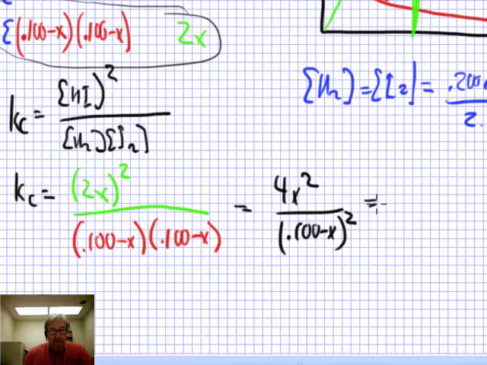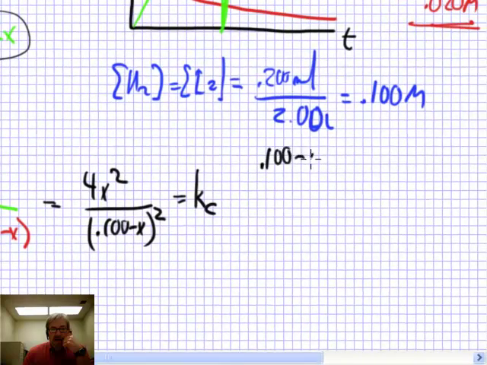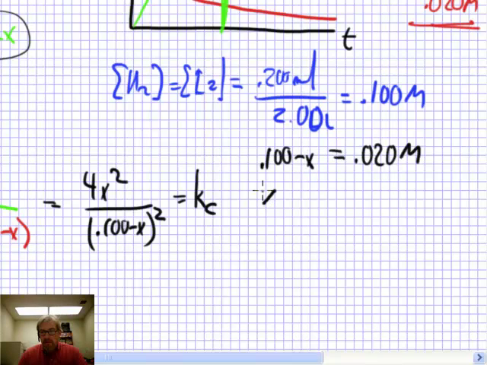Now, if we knew what X was, we could evaluate for Kc. We sort of do know what X is, because the equilibrium concentration of I2 is given to us, and the equilibrium concentration of I2 is 0.100 minus X. So, if 0.100 minus X is equal to 0.020 molar, this means X is equal to 0.100 minus 0.020 molar, and that equals 0.080 molar.